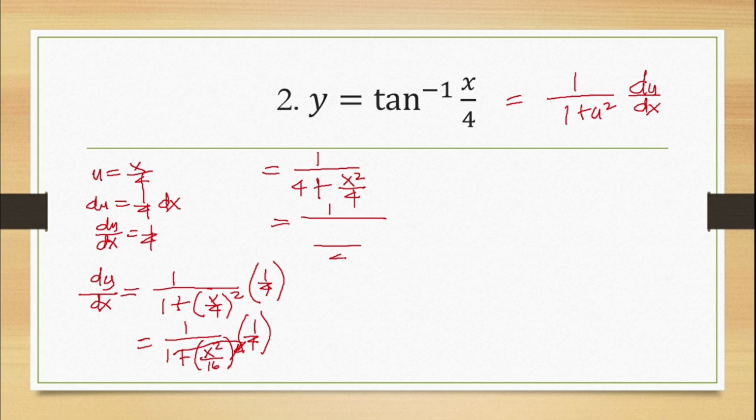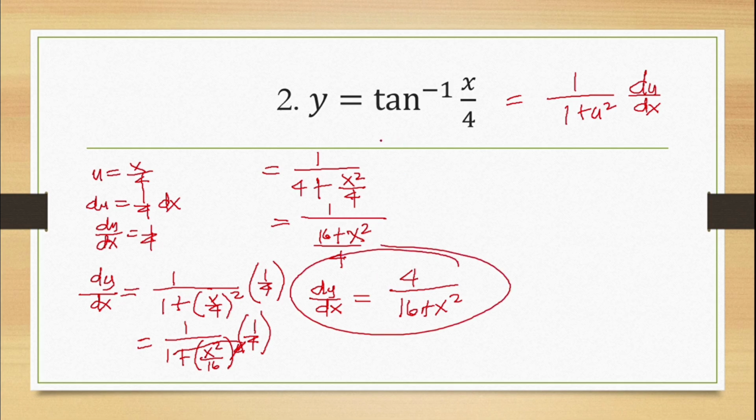The LCD of this one is 16, and 16 divided by 4 is 4, so it becomes 4 over 16 plus x squared, because 4 divided by 4 is equal to 1, times x squared is equal to x squared. So therefore dy over dx is equal to 4 over 16 plus x squared. So this is the result when you differentiate y is equal to inverse tangent of x over 4. Okay, that's easy for this part.